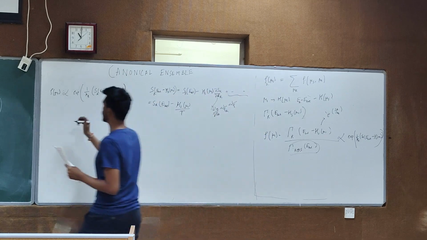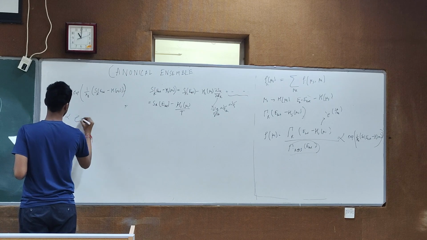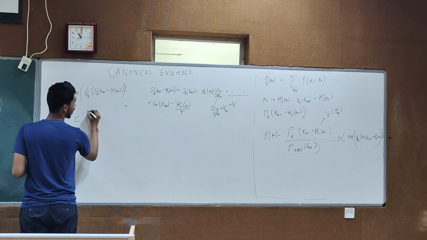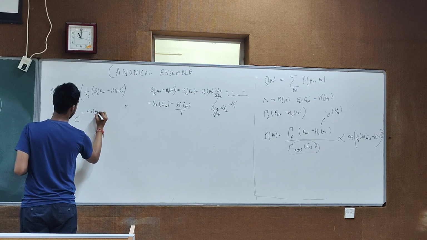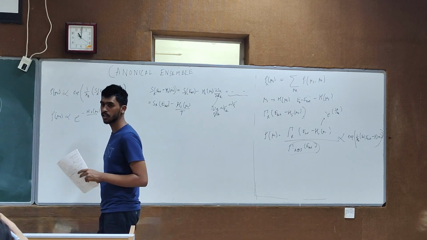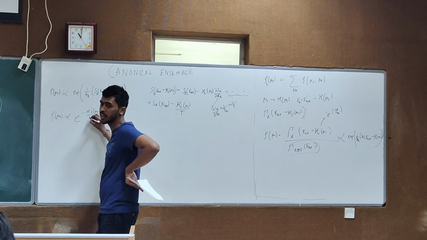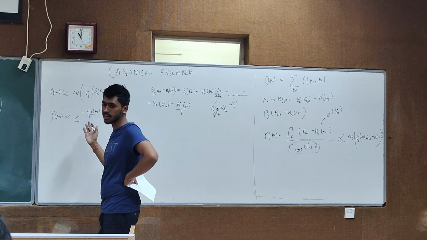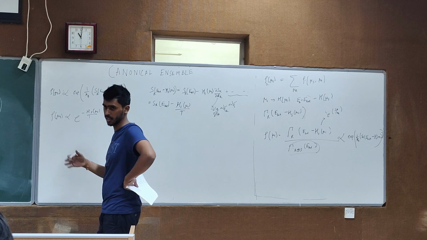So we can write rho of mu s to be proportional to exponential of minus H S of mu s. What does entropy of reservoir at total energy mean? If your system has zero energy, then all the energy is in the reservoir, and it is the number of states in the reservoir for that total energy.